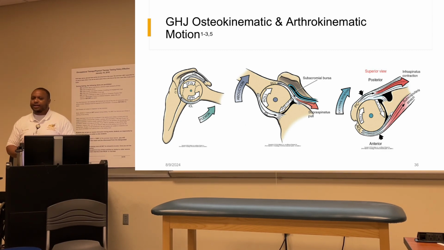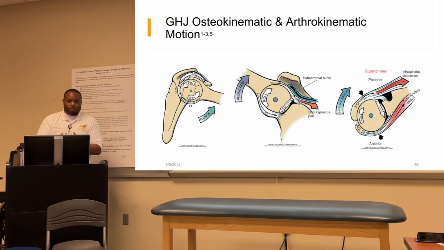Okay? Now, these arthrokinematic motions are intimate motions that occur within the joint articulations, with the joints that are articulated together. So these are motions that have to occur in order for a person to achieve full range of motion as well.